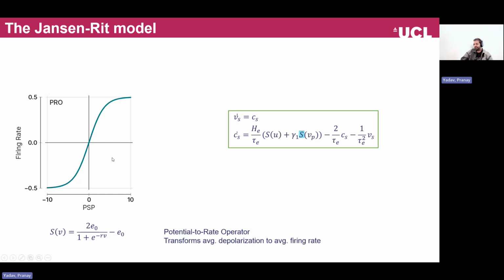This sigmoid essentially controls the saturation ceiling for the firing rate, and it's controlled by an offset parameter and a parameter R, which controls the slope of the firing rate. The slope controls sensitivity to voltage, whether the firing rate will climb very rapidly or slowly climb in response to an increase in voltage.